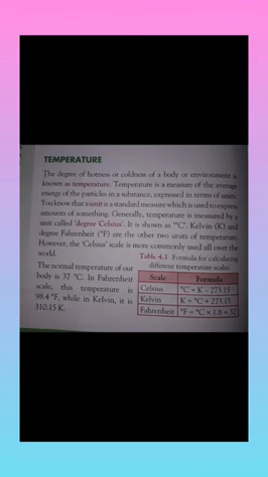So in table 4.1, you can see in the book also, the formulas for calculating different temperature scales. With the help of these formulas, you can convert the given temperature into different scales. So just try to do it yourself using these formulas. I hope you can do it.